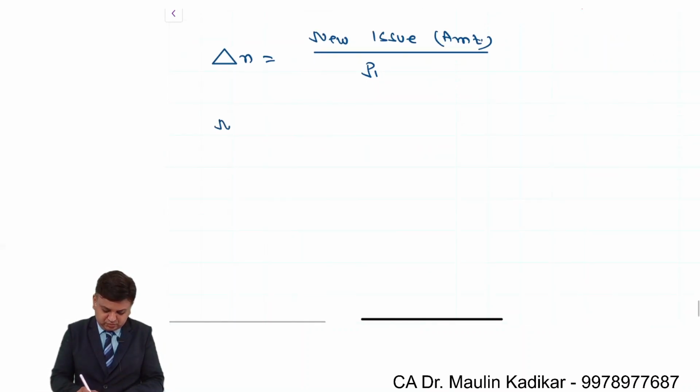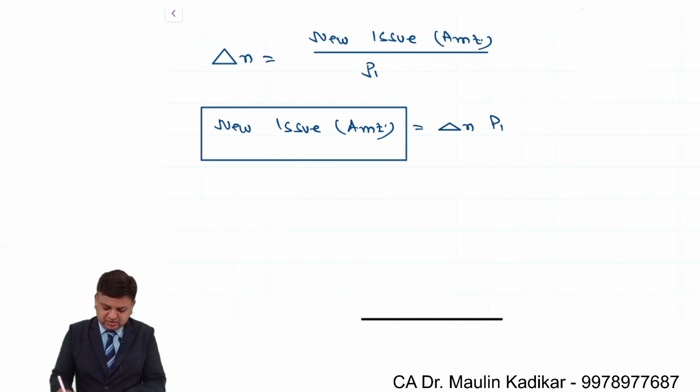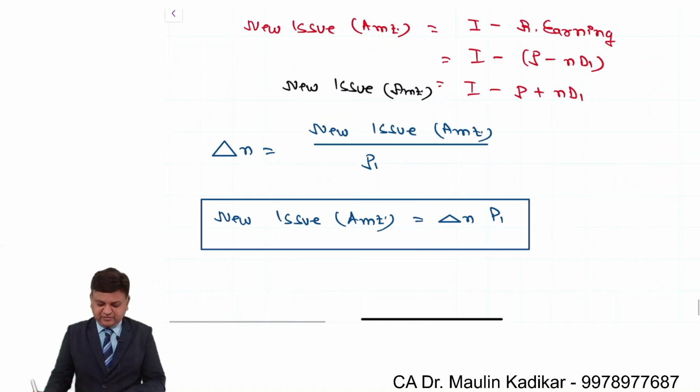So the new issue in amount term is equal to delta n into P1. That is the way we have delta n P1 as a formula.